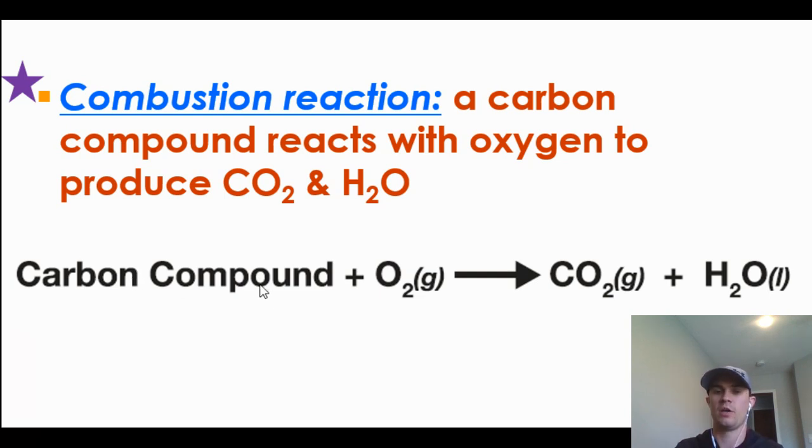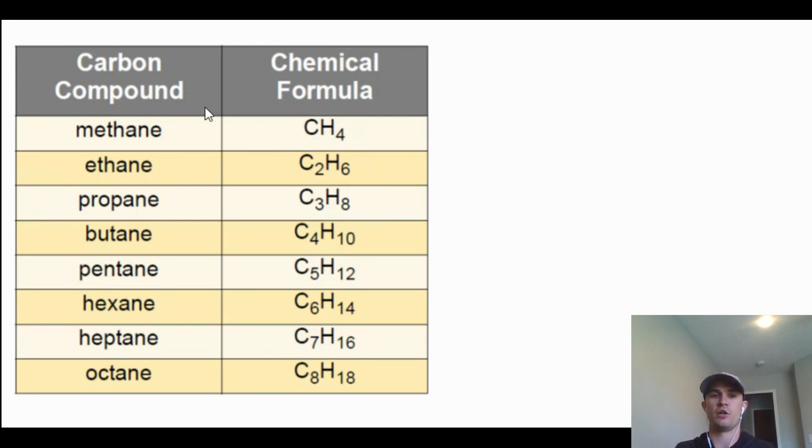It's a carbon compound. We need oxygen, and we can create a fire that gives off CO2 and H2O, a combustion reaction. Here are a bunch of other carbon compounds and their chemical formulas: methane, ethane, propane, butane, pentane, hexane, heptane, octane, all different formulas. Those are just a couple examples of carbon compounds that combust. There are so many more.